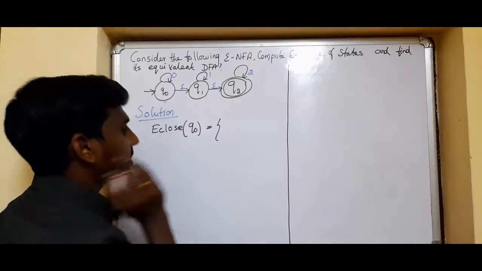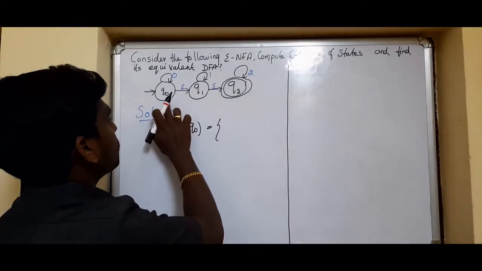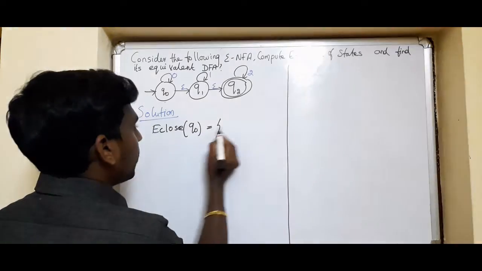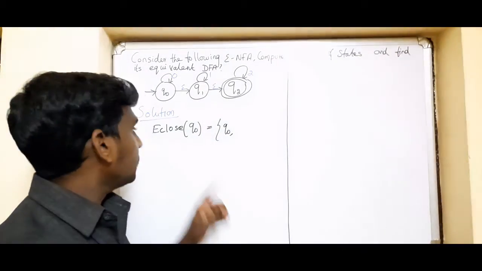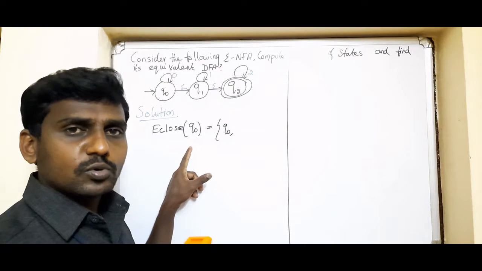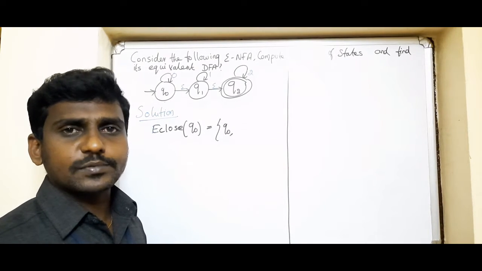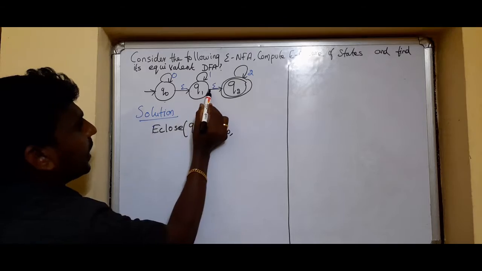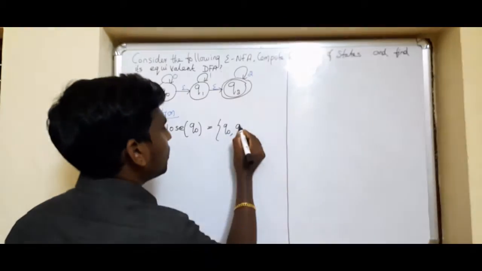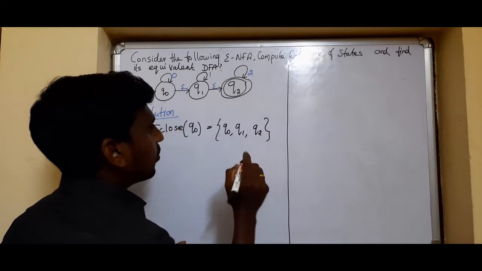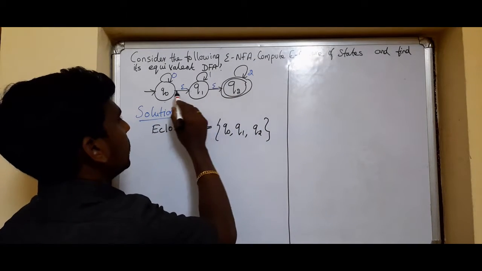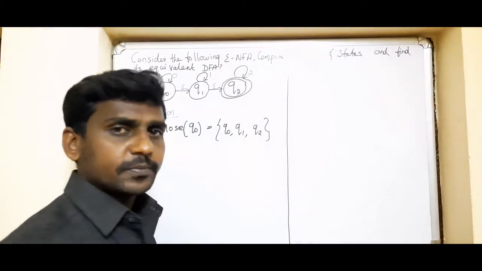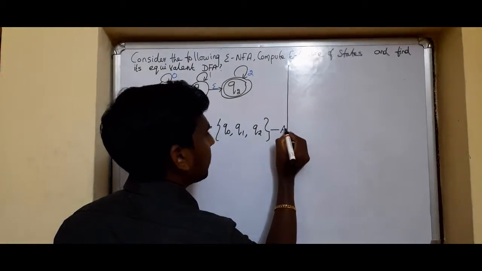Q0 is the starting state, so I write Q0 first. Then from Q0 I check where epsilon moves go directly. From Q0, the epsilon moves go to Q1 and immediately to Q2. So I write Q0, Q1, Q2, and I mark this as capital A.